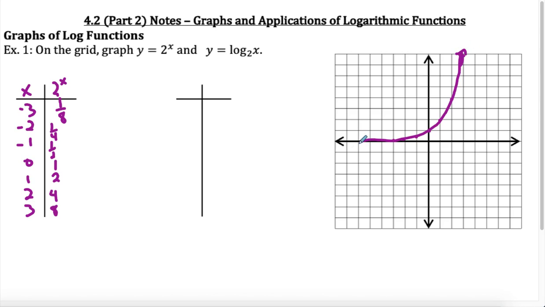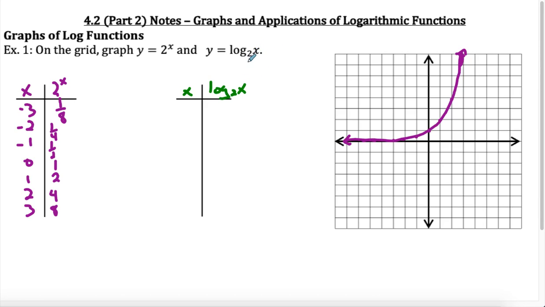Okay, so since logs and exponentials are inverses of each other, remember one of the big ideas that we talked about when we talked about inverses was that all of the x and y values would be switched. These are inverses of each other because they have the same base, right? 2 to the x and log base 2 of x.